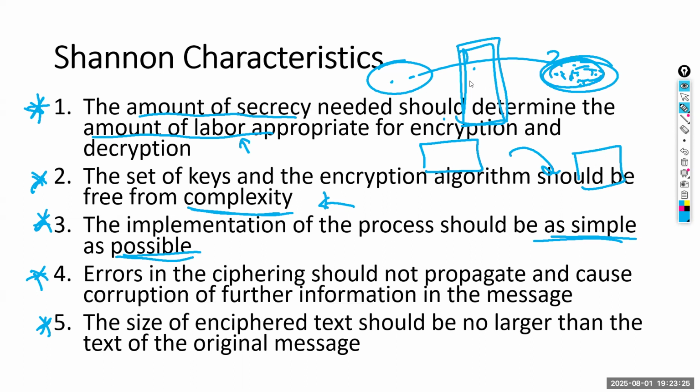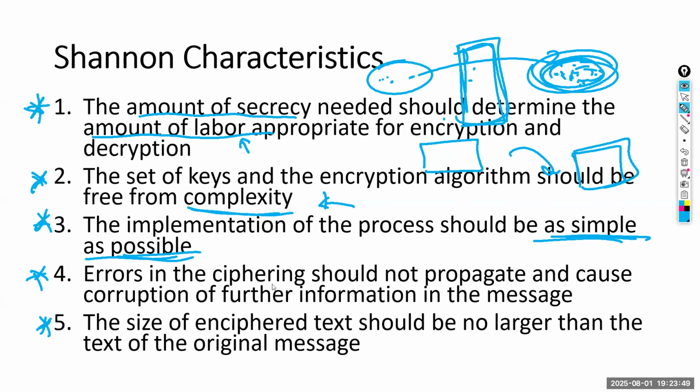So make your algorithm simple and also make the implementation of the algorithm simple. But make sure it does very complicated substitution and permutation so that the ciphertext is really tough to crack. But don't make your algorithm complex, don't make your implementation complex.